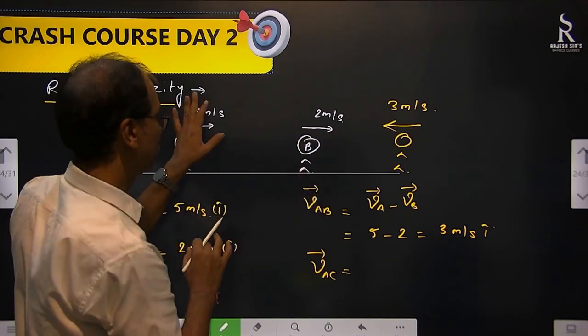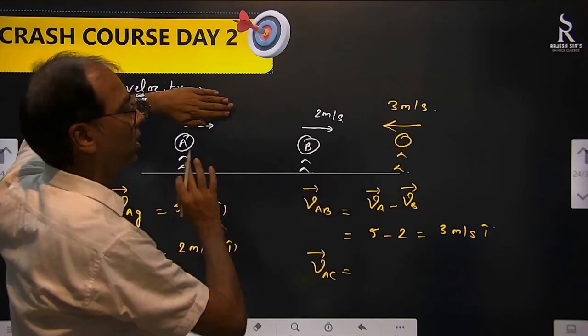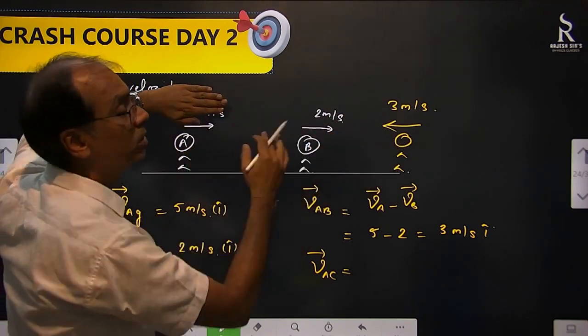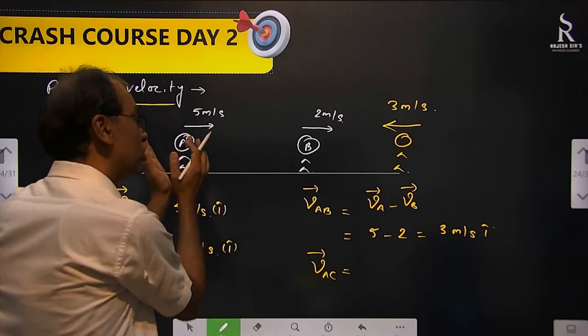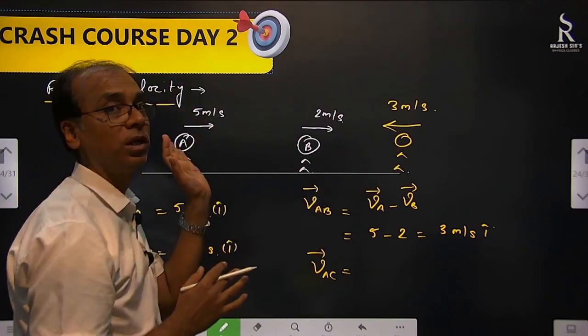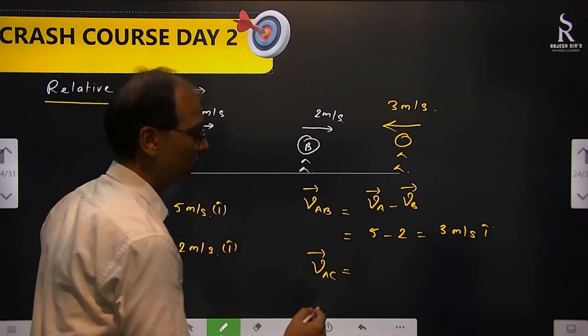If you forget about this 5, and C is coming towards A, and I ask from C, with what speed is A coming towards you, you will say 3. But now here A is also going with 5 and C is coming towards A. So with what speed is A coming towards C? Say 8 meter per second. See?